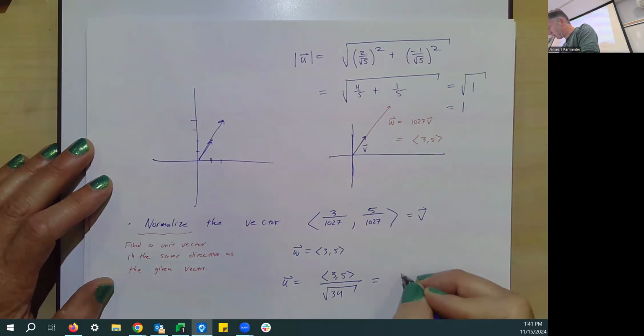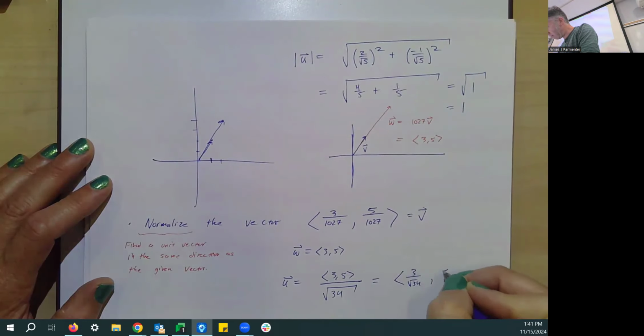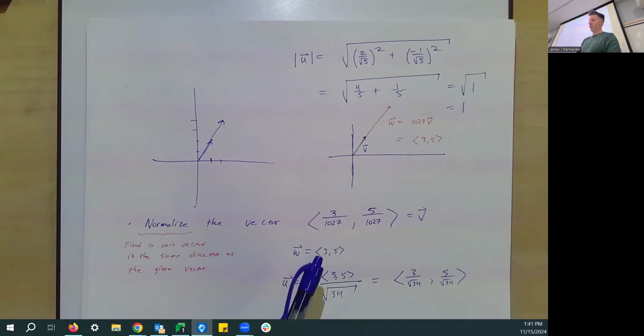You can write it like this, or you can write it as 3 over root 34, comma 5 over root 34. Much, much nicer than doing 3 over 1027 divided by the square root of 3 over 1027 squared plus 5 over 1027 squared, right? It's awful, just terrible. So make your life easier. If you ever have to normalize something, pick a multiple of your thing to make it easier to deal with. Cool.